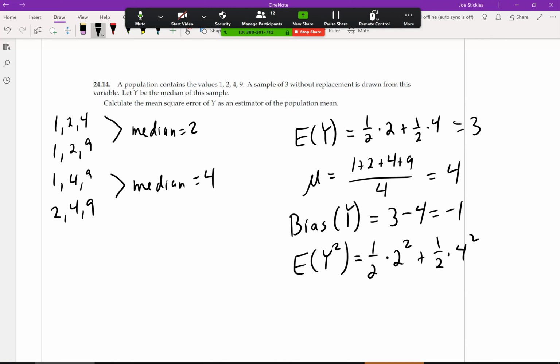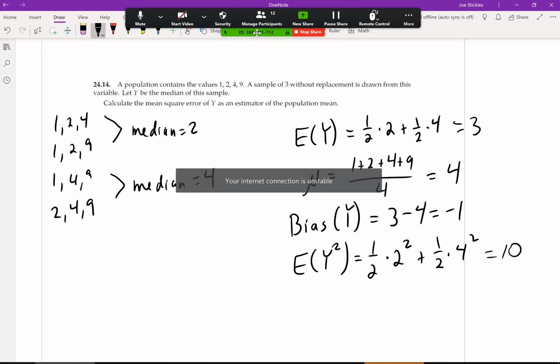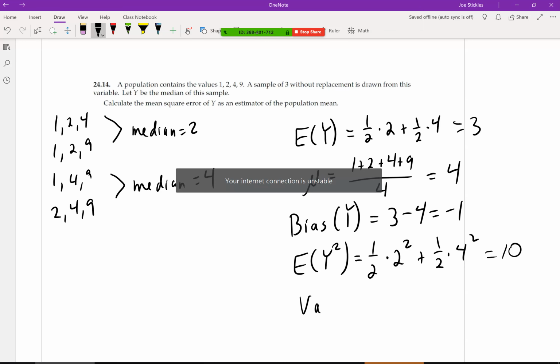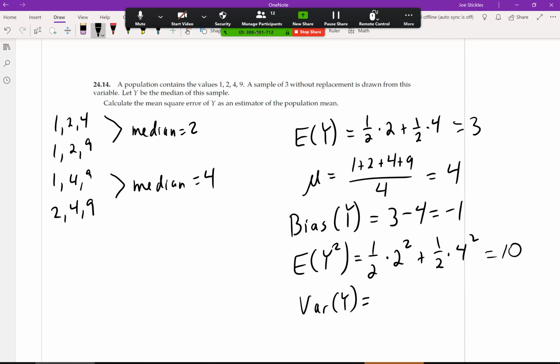So I get 2 plus 8, I get 10 there, if I did that right. So the other piece of information we need is the variance of y. The variance of y here is going to be the expected value of y squared, which is 10, minus the expected value of y quantity squared, which is 3 squared. So we'll get 1 for our variance in this case.